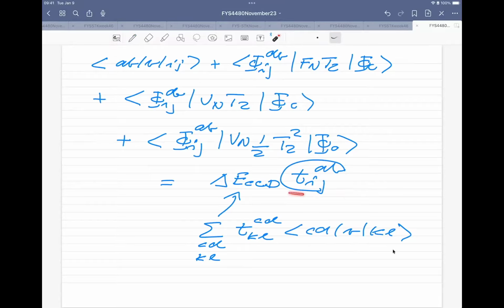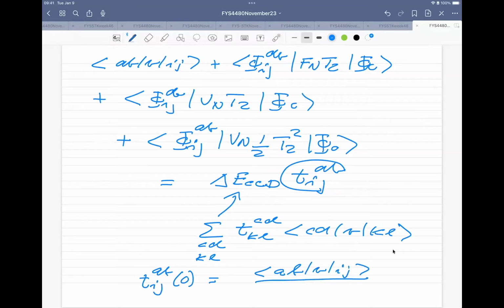So a typical guess here is to start with T_ij^ab equal to 0, or the standard guess would be to use perturbation theory, where the operator is to first order, like you did in the second midterm. Then you would plug this as an ansatz in the equation, your guess, and then you would keep iterating this equation. So every iteration, you're building up on this T_ij higher and higher order terms.